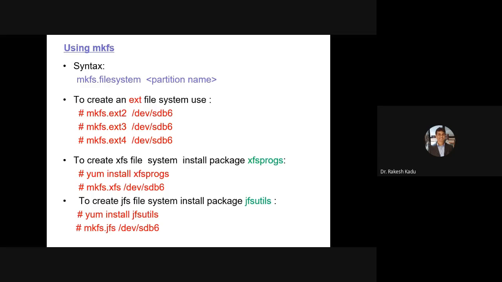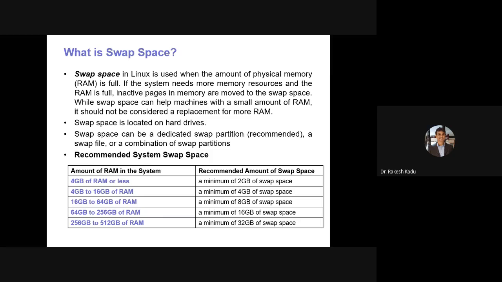This is how we use it: mkfs, the file system name, and the partition name, to create that file system on the partition. We have ext2, 3, 4, xfs and jfs file systems available in the Linux operating system.